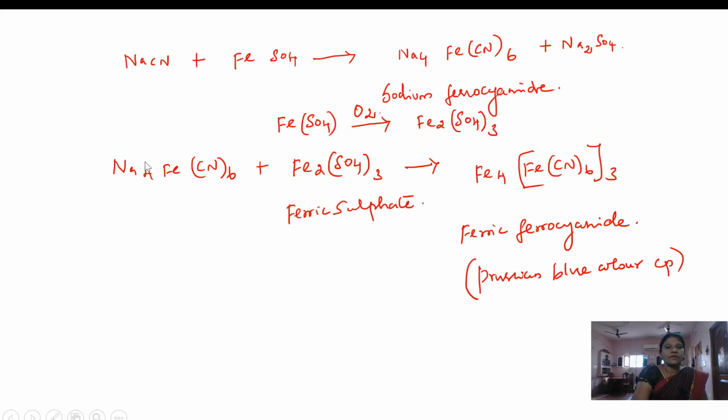Then the sodium ferrocyanide is treated with ferric sulfate to give ferric ferrocyanide. The color of this ferric ferrocyanide is Prussian blue. Therefore, the formation of ferric ferrocyanide is the reason for the Prussian blue color precipitate in this test.